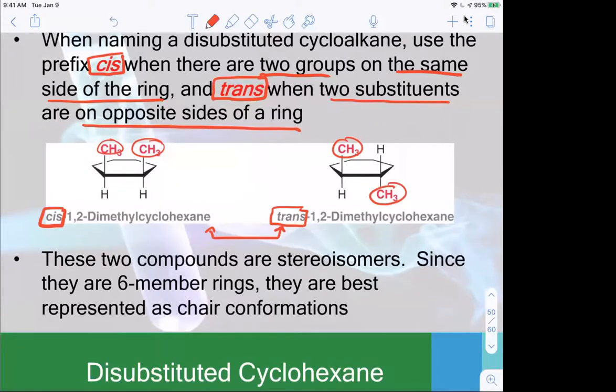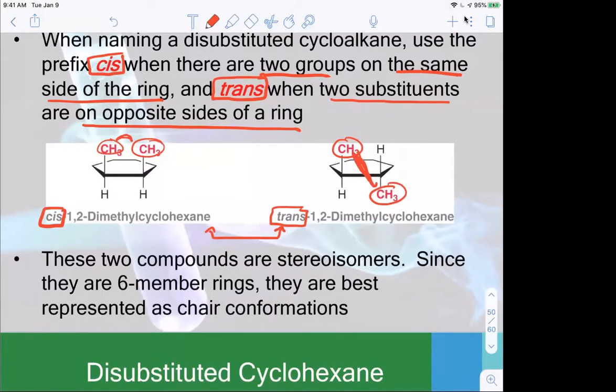So these two compounds are not the same compound. I can't call both of them 1,2 dimethyl cyclohexane because the relationship in space is different. Same side, opposite sides. So what I have to do is use these cis or trans prefixes in order to designate between the two isomers.